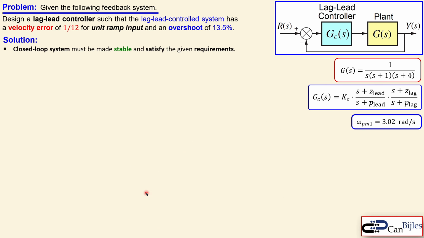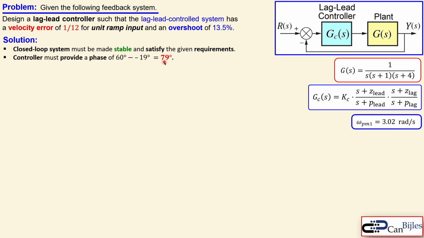Okay, that means we need to move on and look at the situation in more detail and also a little bit more complicated controller. So looking at the closed-loop system, it must be stable and also satisfy the given requirements. So it must be the following. The controller must now provide 60 degrees, we already need it, and then also compensate for this minus 90 degrees.